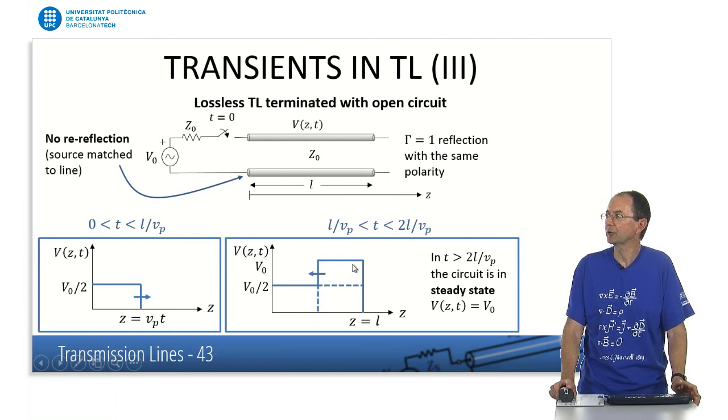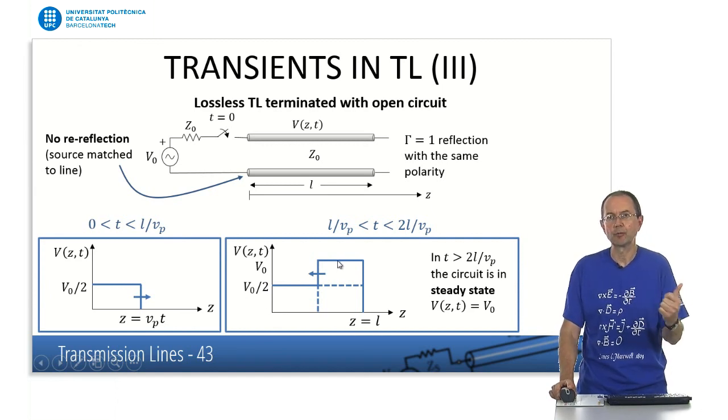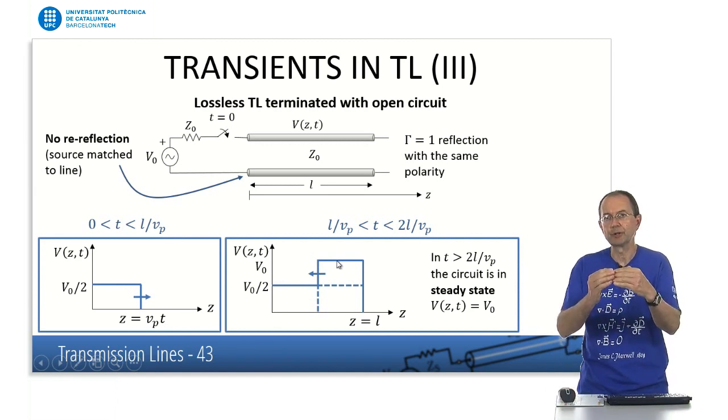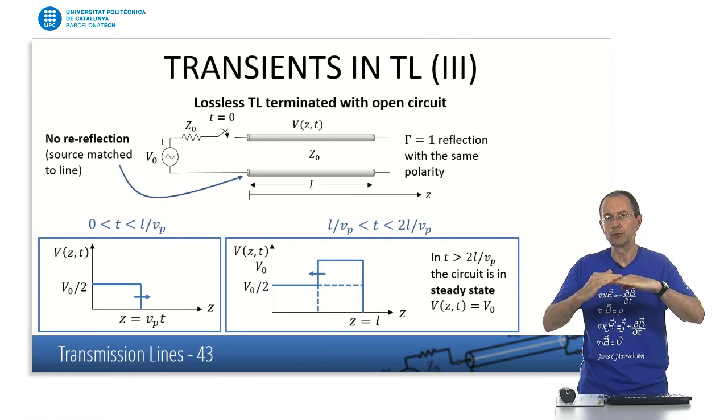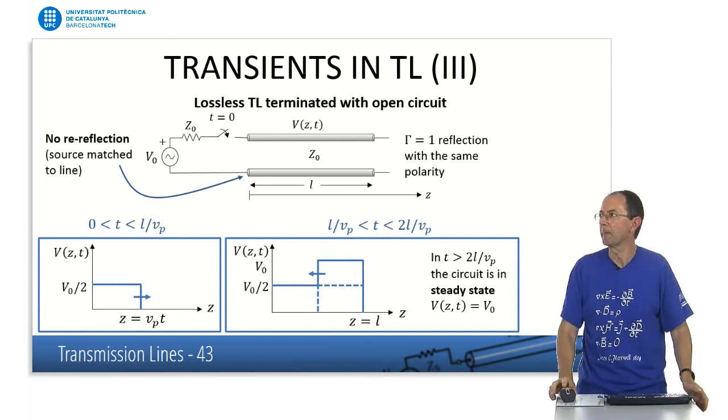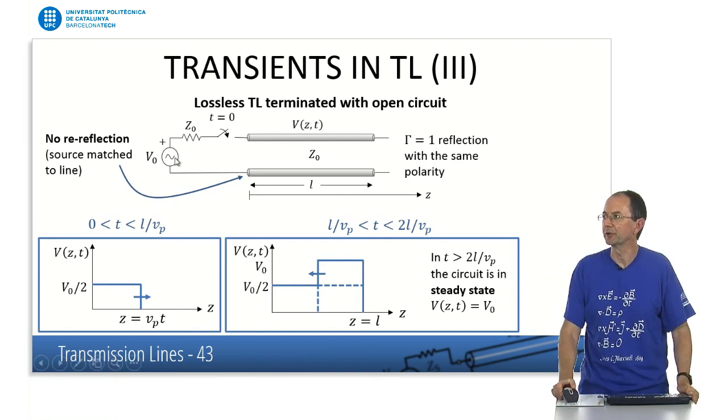When we have our total reflection, now we have a backward signal progressing towards the input with a voltage which is exactly the same as the previous one. No change of sign, so both forward and backward reinforce together, and from V0 divided by 2 we jump to V0, the original voltage or the internal voltage of the generator.